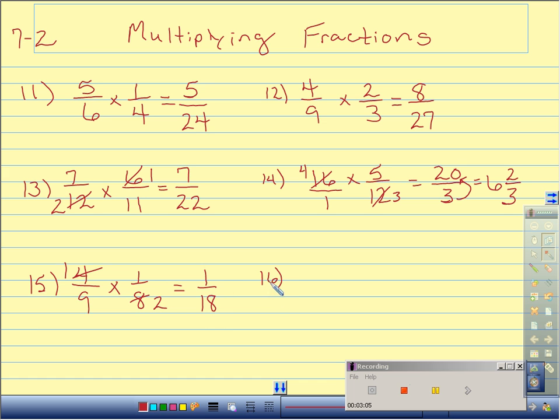Number 16, 1/5 times 10/11. You can reduce 5 and 10. 5 goes into itself once, goes into 10 twice. 1 times 2 is 2. 1 times 11 is 11.